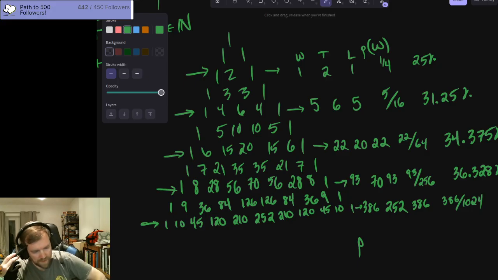So if we go to between the 2 plays and 4 plays, right? We're going to do, for what values of p will p to the 4th plus 4 p to the 3rd times 1 minus p minus p squared be greater than 0.